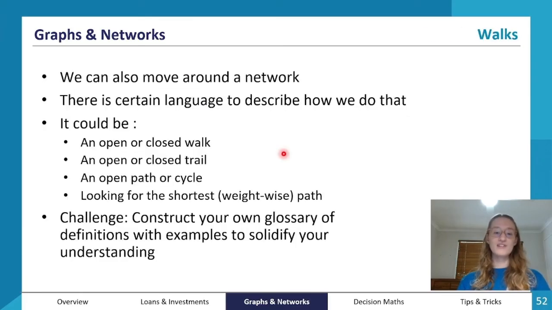So one thing I did mention that we are going to go into in a bit more depth is looking for the shortest path. And when I say shortest, I'm not talking about the shortest number of steps. I'm talking about the shortest weight-wise. So we want the lowest weight, whether that's the lowest cost, the lowest time, the lowest amount of kilometers. We're looking for the lowest weights.